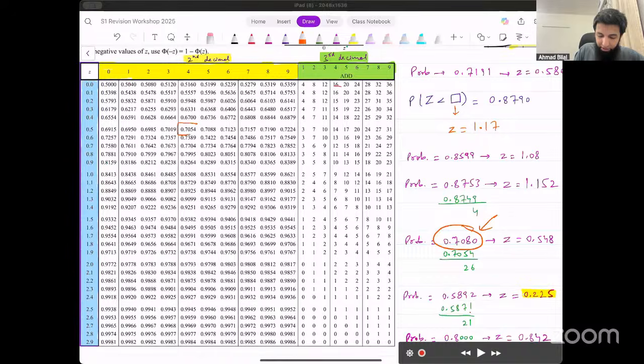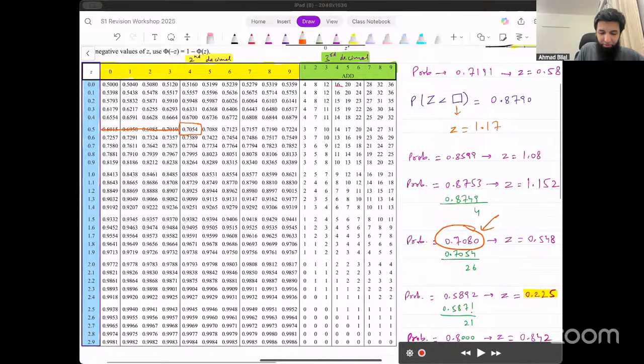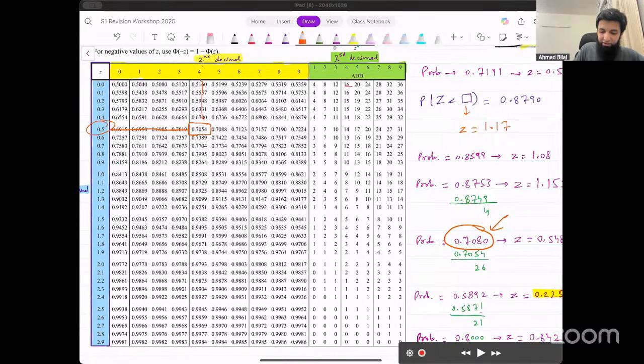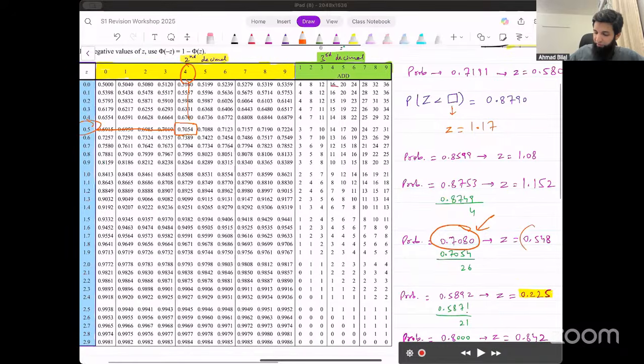What you would do in that case is look at the table and see the value that is immediately smaller than that. That's 0.7054, right? So the first decimal place is going to be 0.5, second is going to be 4. So we've got 0.54 from there. Now find the difference. It's 26, right? Now you go to the right side, and you are asking, what if we don't get an exact value? We have 26 that we need to add more to it.